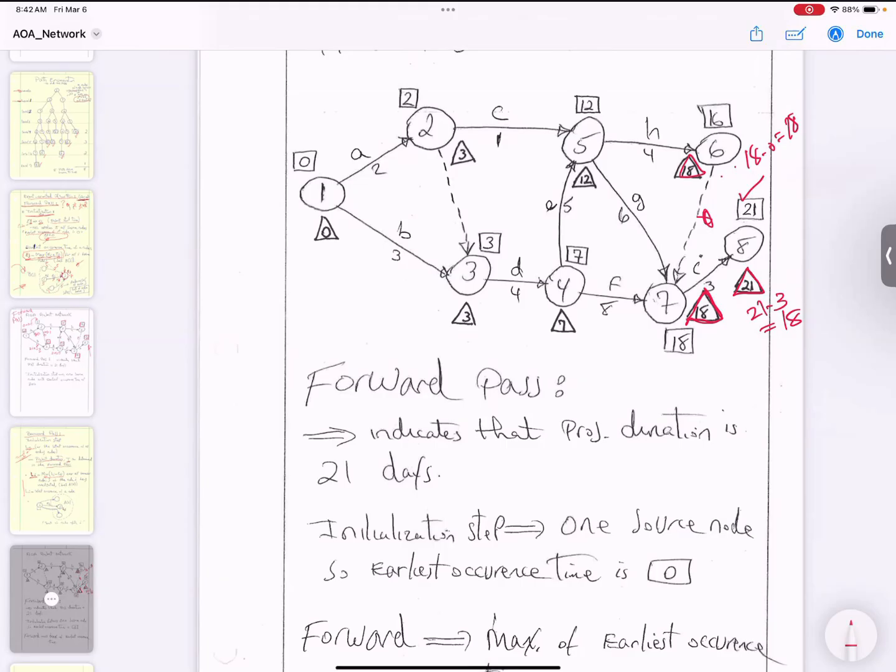How many successors does node 5 have? This is 1 and this is 1. So you say 18, correct? For the two successors, node 6 and node 7. So you say 18 minus 6 is equal to 12, and then 18 minus 4 is equal to 12. Correct? So that's why you put 12 over here.